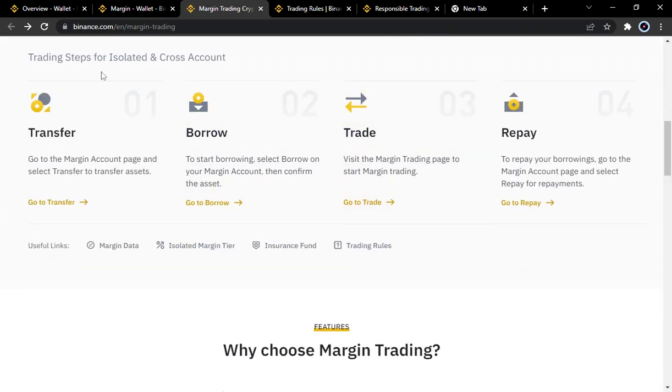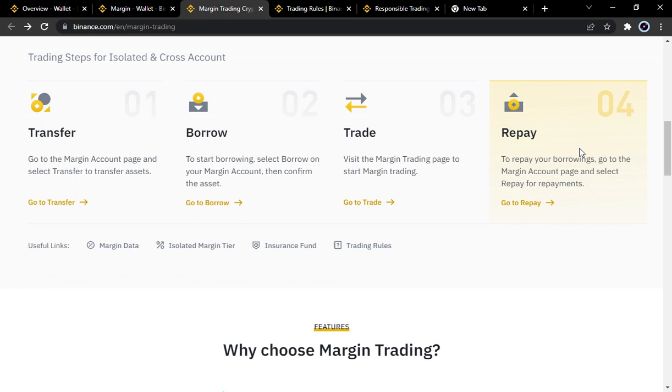Next thing you need to know is that there are various trading steps available for isolated and cross accounts. So all you need to do, you can go to the margin account page and select transfer to transfer your assets. And also borrow by using various borrowing features that are available on Binance. You can kick off with the trade option, visit the margin trading page to start margin trading.